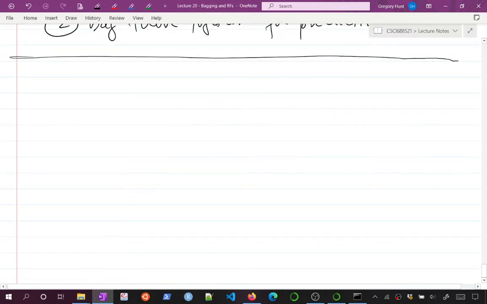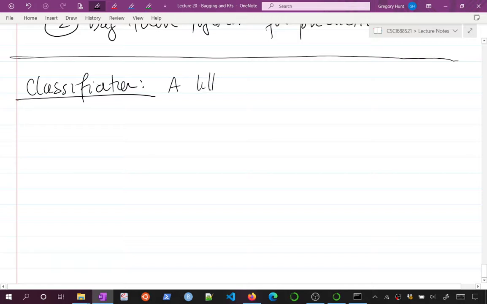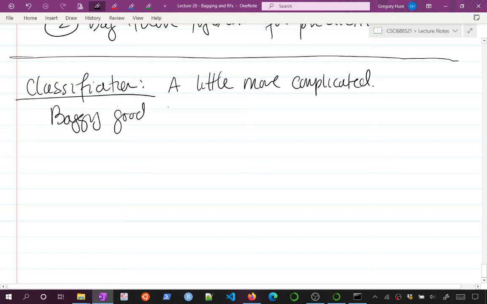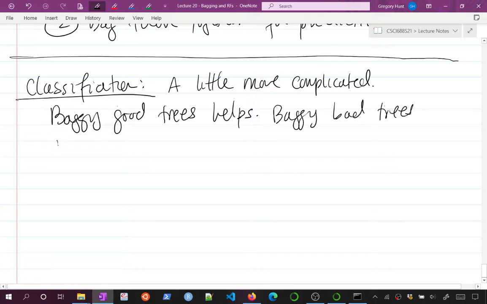For a classification problem, we'll just briefly say it's a little more complicated. Bagging good trees helps. Bagging bad trees can potentially hurt.